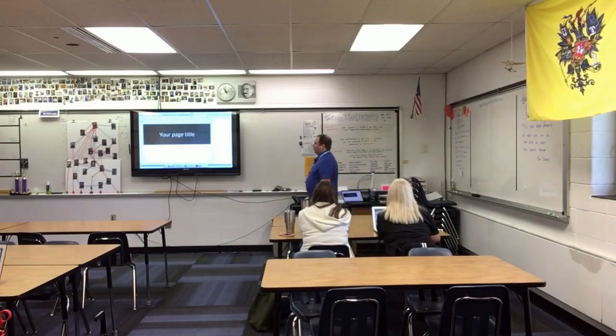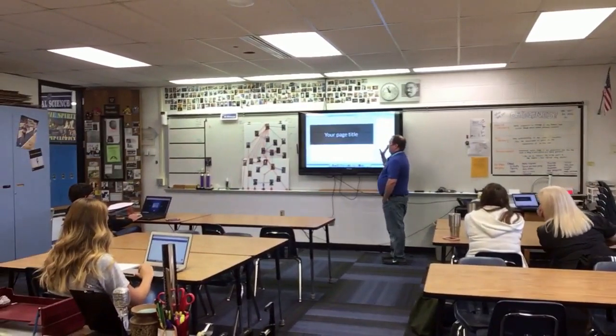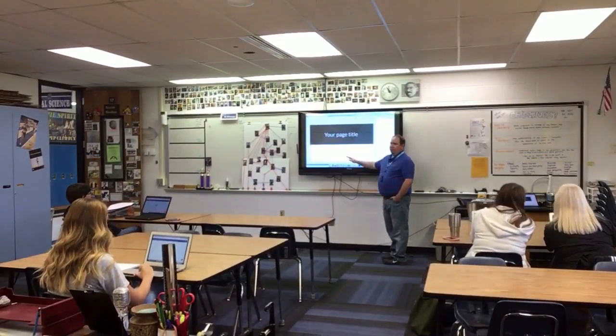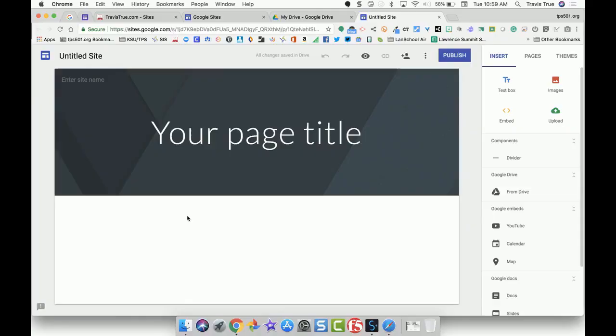All right, so this is the new Google Sites. Basically, if you've never been in here and you're only familiar with the old sites, you'll see the differences right away. Over here on the right side is basically your toolbox where you can insert text boxes, insert images. You can embed items from other websites.